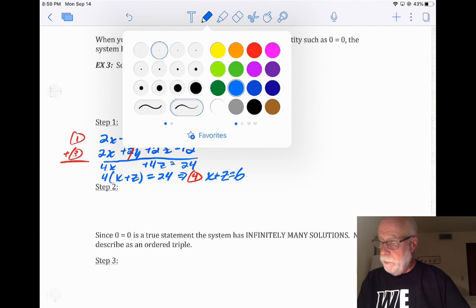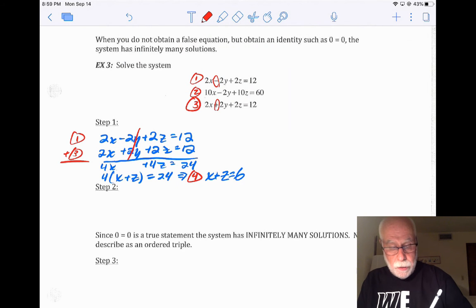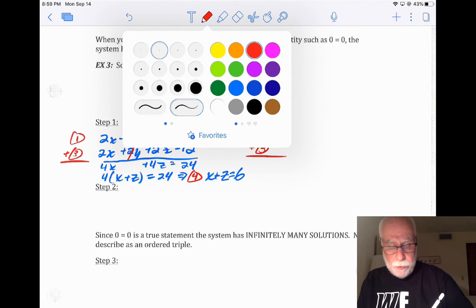I'm going to do the same thing now. I'm going to take my 2 and 3. So I'm going to go 2 plus 3, and then see what happens.